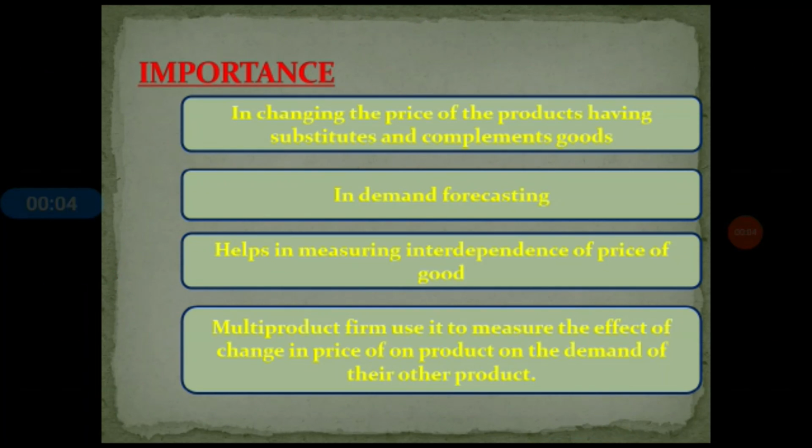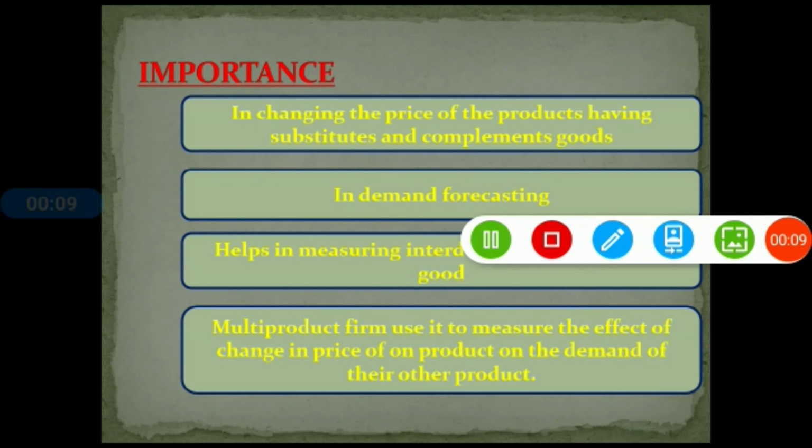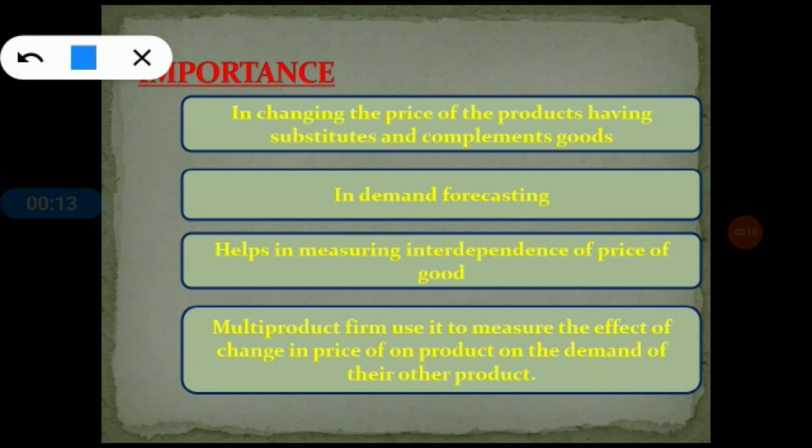So here this is the next slide, where we can see the importance of the cross price elasticity of demand, which is very similar to the other types of elasticity of demand, that is income elasticity of demand and price elasticity of demand also.